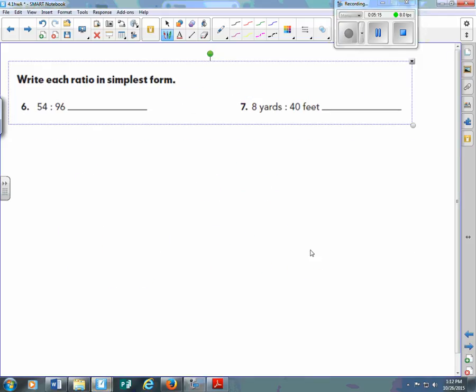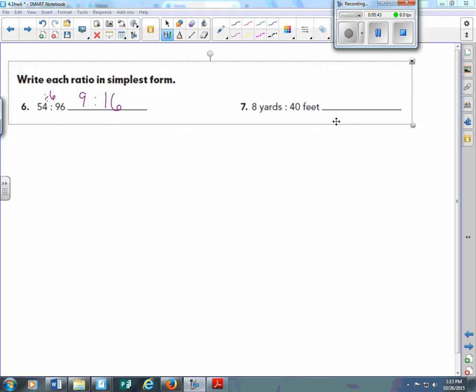Next problem. Write each ratio in simplest form. We can divide both 54 and 96 by 6. So 54 divided by 6 is 9, and 96 divided by 6 is 16.